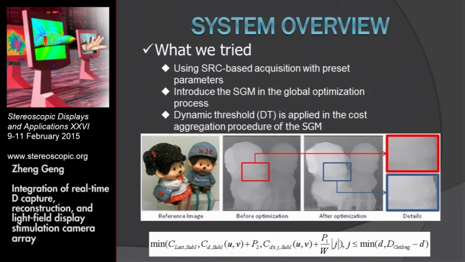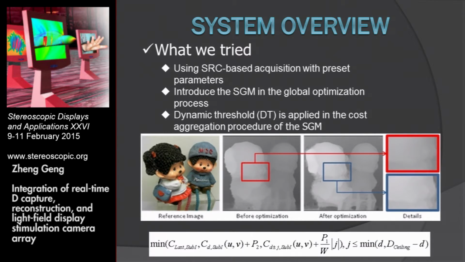Besides realizing the algorithm based on the existing theorem, we use the SRC-based acquisition with preset parameters, not the parameters that are updated when we capture, as the reference said. And we introduced semi-global matching in the global optimization to get a finer result.